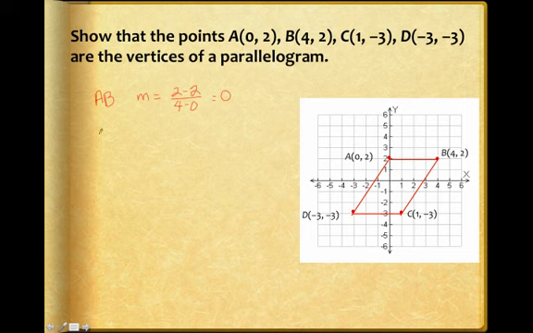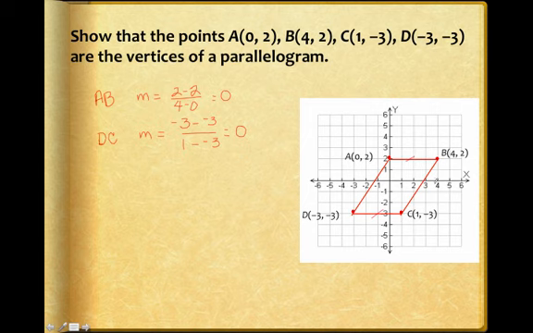And I want to make sure that DC has the same slope. Well, DC is -3 minus a -3 over 1 minus a -3. So that's going to be 0 over 4, which is also 0. So I know so far that these two lines are parallel.